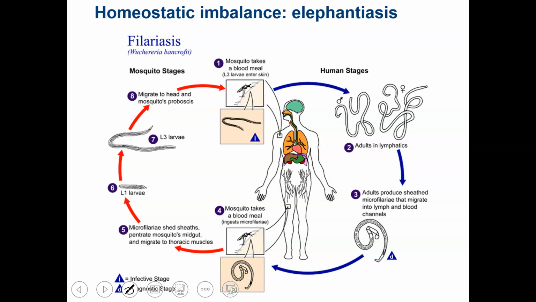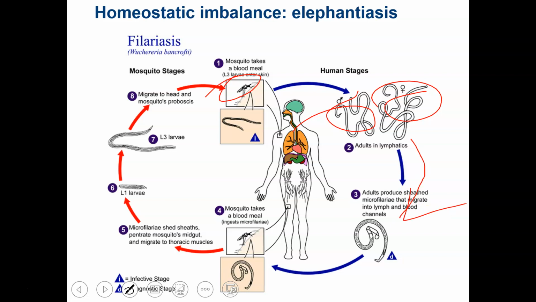Here's sort of the stages of life here. Stupid mosquito bites you, a little larva goes in your skin, so it is in your skin, and then you got male worms and female worms, and they meet in your lymphatics, and one thing leads to another, worm romantic comedy, and they end up having more baby worms.